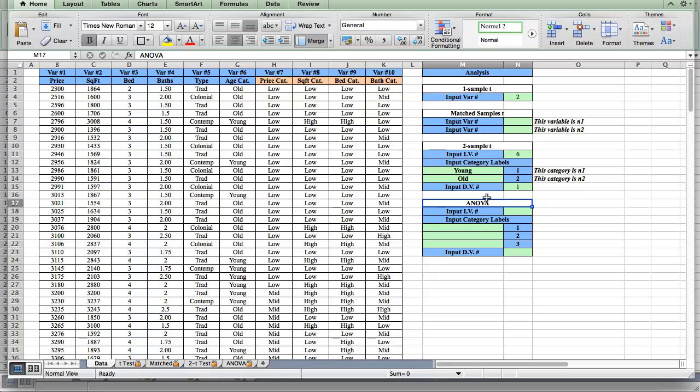So the way we would determine which to use, if our independent variable is in two categories and we're comparing means, so our dependent variable is quantitative, two sample t would be the correct test. If our independent variable is in three categories and we're still grouping those quantitative prices, now we need to use an ANOVA. For example, type has three categories.